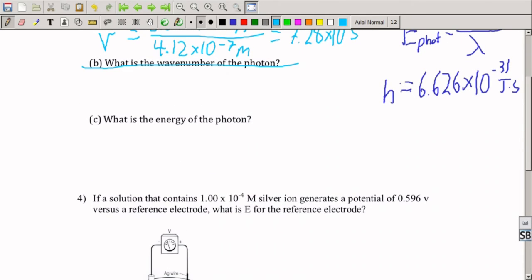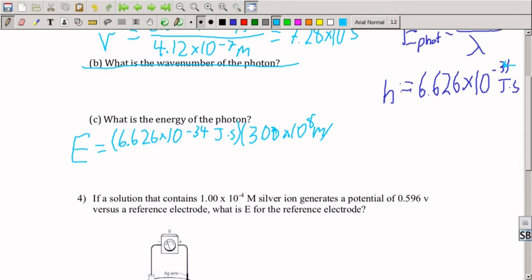For a single photon, we simply take h, 6.626 times 10, I'm sorry, it's not 10 to the negative 31, it's 10 to the negative 34th joules times seconds, times 3 times 10 to the 8th meters per second.